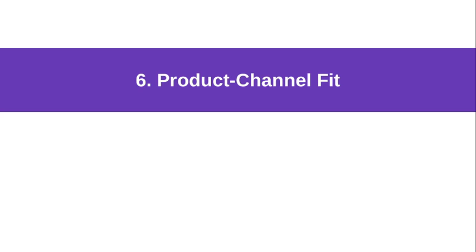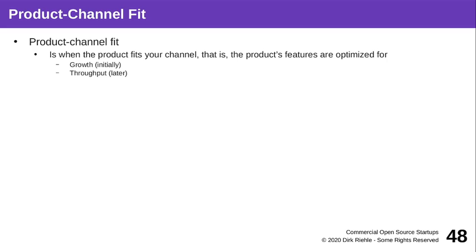Finally, in this growth model after problem solution fit and product market fit, there's product channel fit. This really now focuses on, can we sell very stringently and in a focused way using a particular channel into a particular market segment.